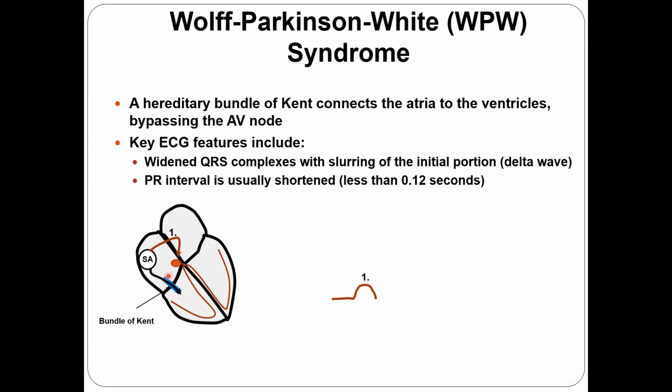However, the bundle of Kent, as a muscle type, immediately starts to activate the ventricular muscle. This is why the dotted line means the AV conducting charge, and the blue one is the muscle-type conduction. What you see is that the PR is short. Right after the P, ventricle activation starts. So the QRS is getting wider.